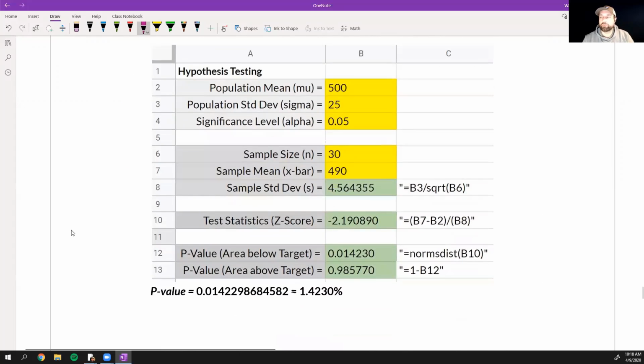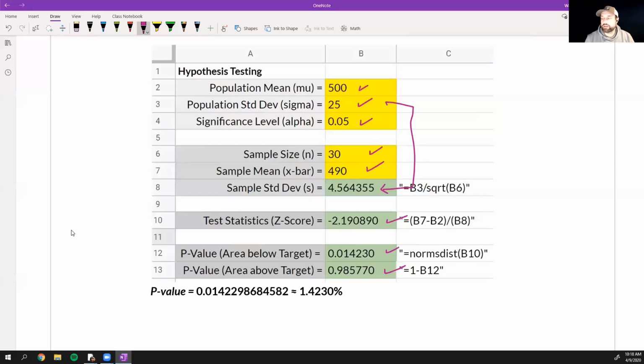Or we could use a Google Sheet. So here's where you put in your population mean, your population standard deviation, and your significance level. Then you put in your sample size and the sample mean. It calculates the sample standard deviation from right here. It calculates your Z-score, the same as what we had before, and it calculates the area below the target and the area above the target, just in case you wanted it.